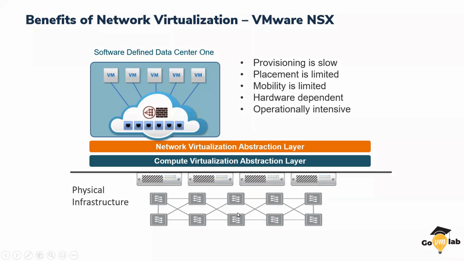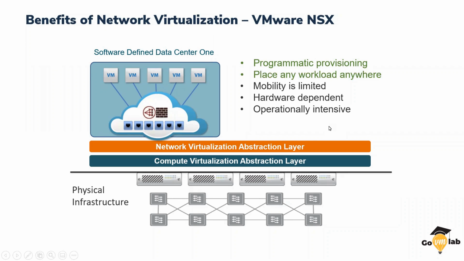So we configure the physical infrastructure once, and then on top of our existing compute abstraction layer, we have a network abstraction layer. And what are the advantages of this layer? Our provisioning becomes programmable. Firewall, VPN, load balancer, everything runs in software, and everything can be done programmatically by API, right? So anything can be programmed, and provisioning can be much faster.